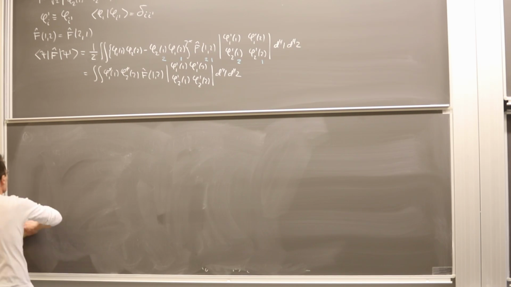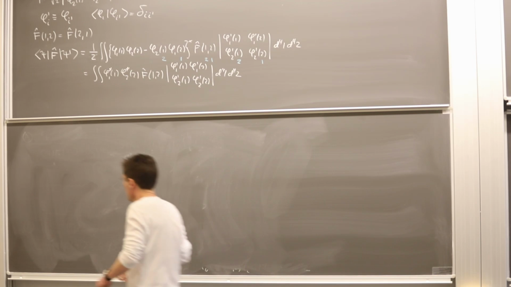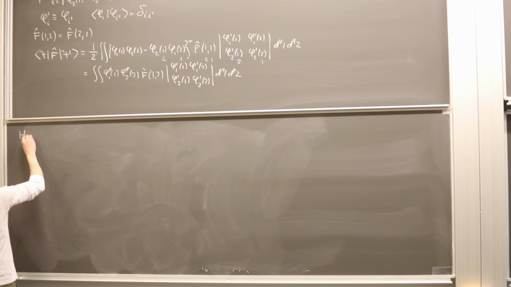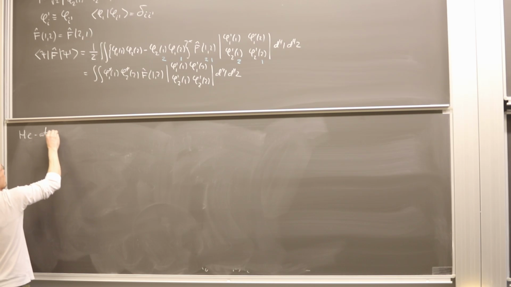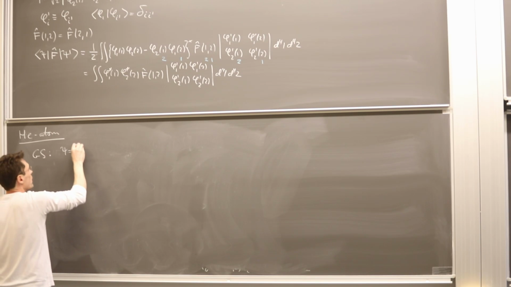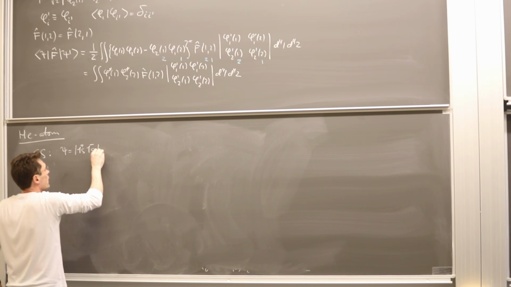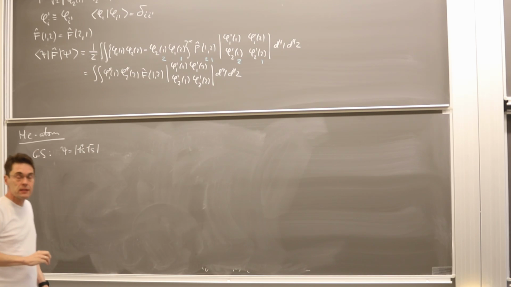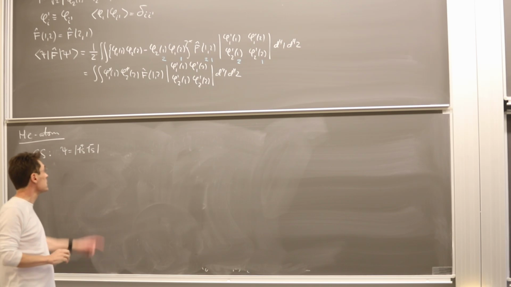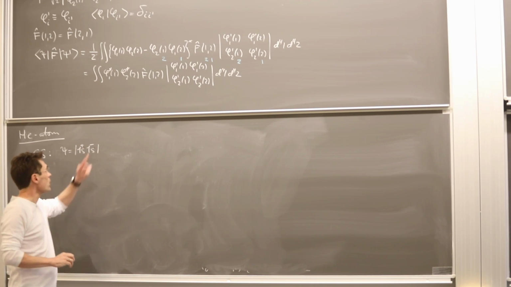So the helium atom is a two-body case, obviously. And we can start by looking at the ground state, for which my Slater determinant is constructed of two 1s spatial orbitals, one having spin up and the other one having spin down.